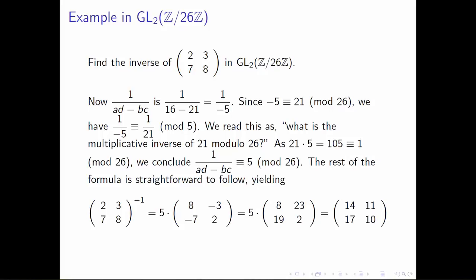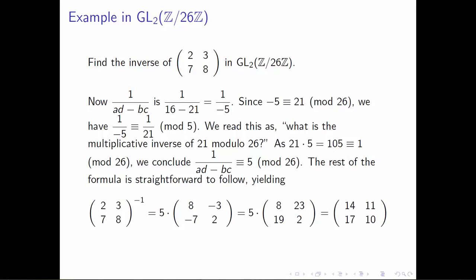So negative 5 modulo 26 is the same thing as 21. So the first thing I can do to make more sense of negative 1/5 modulo 26 is to replace the negative 5 by 21. Now when I'm looking at 1 over 21, at least 1 and 21 are both numbers that make sense to me modulo 26.